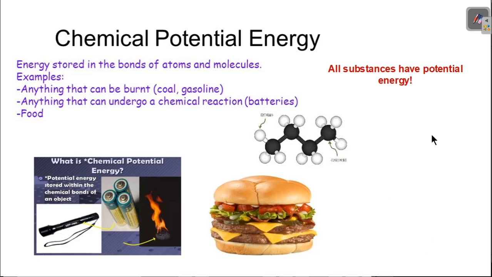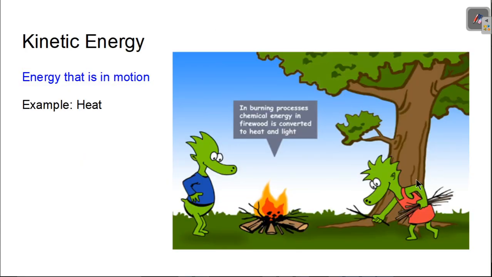Okay? All substances have potential energy because all substances are made out of atoms and molecules that have bonds between them. As simple as that. Potential energy. Potential meaning it's there in waiting, not doing work for us, but it has the potential to do work for us.